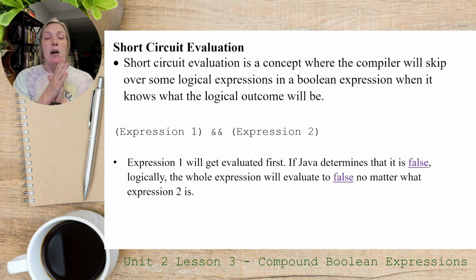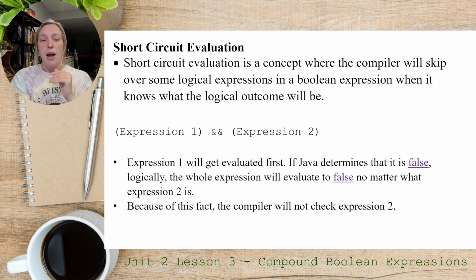Expression 1 will get evaluated first. If Java knows expression 1 is false, logically, the whole expression will evaluate to false no matter what expression 2 is, right? As soon as there's a false statement in an and, the whole thing is false. Because of this, the compiler will not actually check expression 2. And that's what short circuit means.